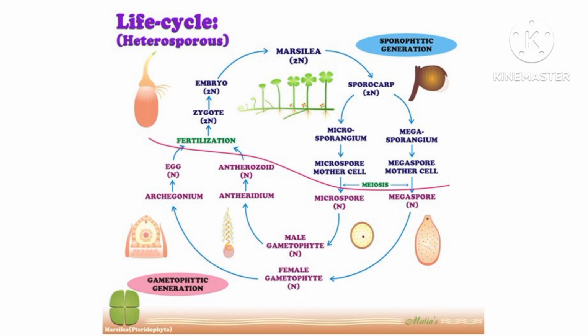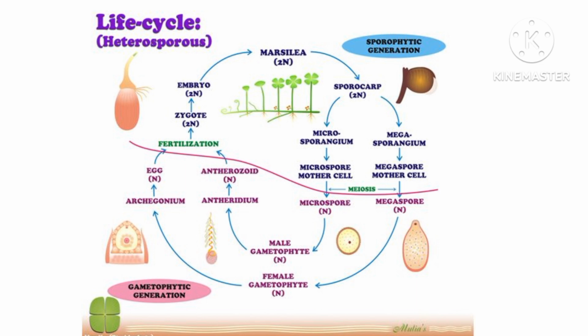Here it is the life cycle of Marsilea. In Marsilea, the 2n sporophyte is present, from where sporophyll cells are present. One microsporangium and one megasporangium are present. The microspore mother cells and megaspore mother cells are n types.